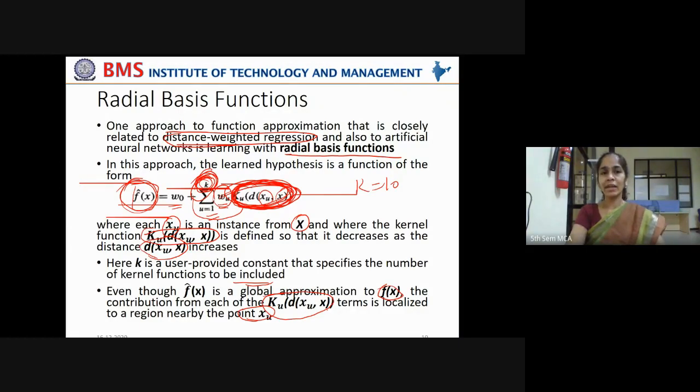Okay, that is why these radial basis functions can be used under instance-based learning. Though the approximation is global, it is giving larger weightage to local neighbors. That is why it is called a locally approximated value of the kernels.